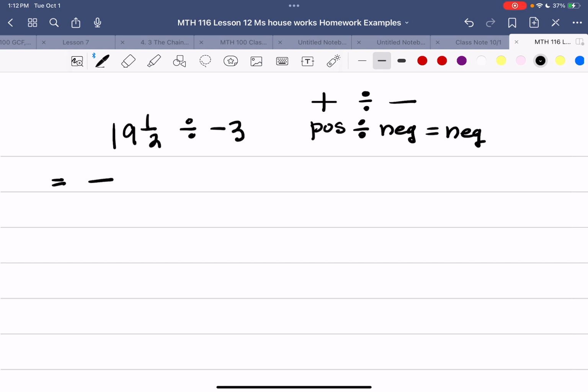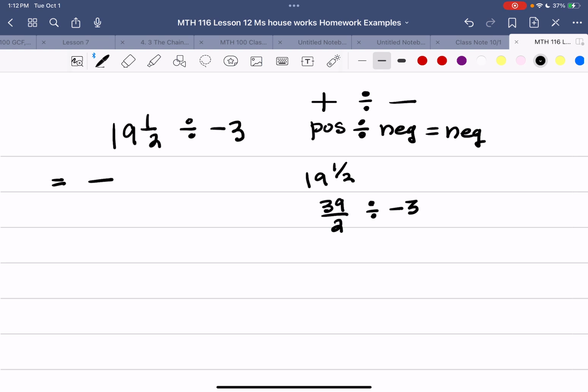All right. Now, we don't ever do operations with mixed numbers. We change them over to improper fractions. And of course, you could do this on your calculator, and I'll do it on mine to check it in just a minute, but I want to show you what actually happens here. You're going to take your 19 and a half. You're going to change that. 19 times 2 is 38. You're going to add that numerator. That's 39 over 2. And I've got to divide that by -3.